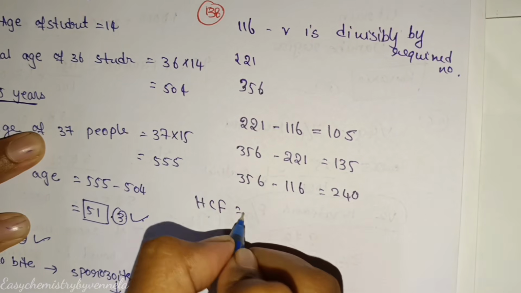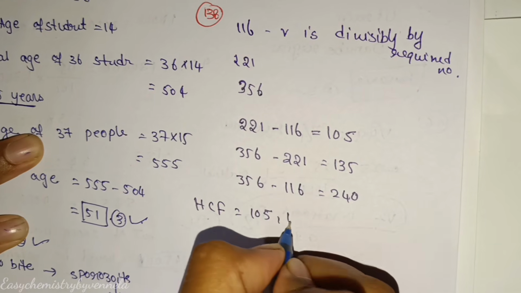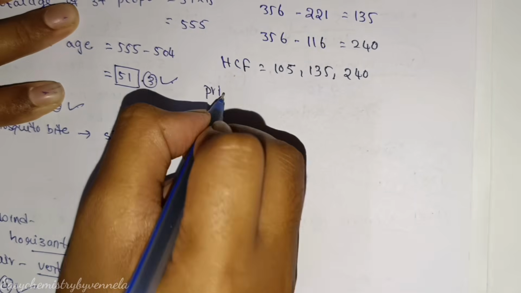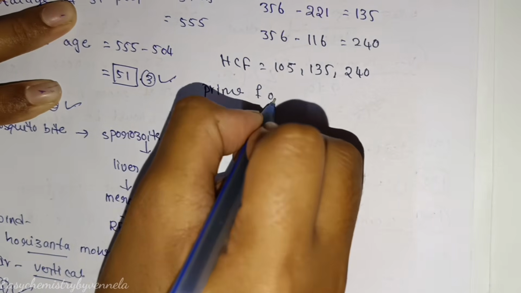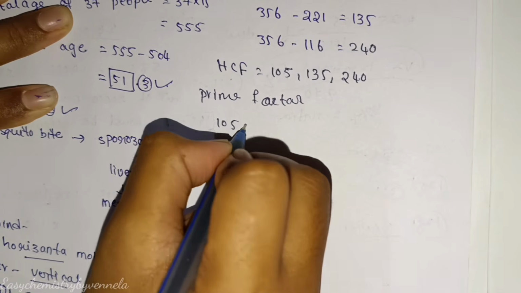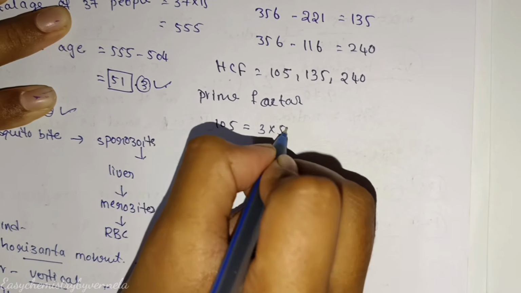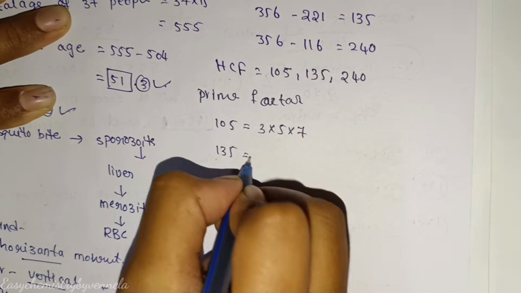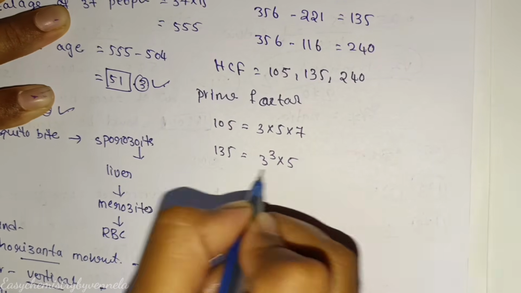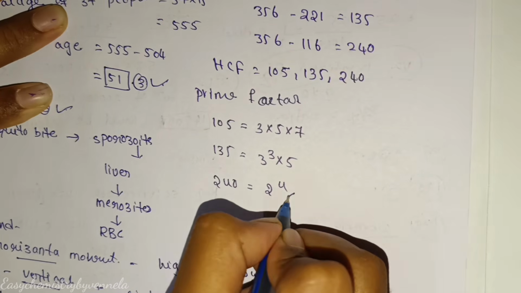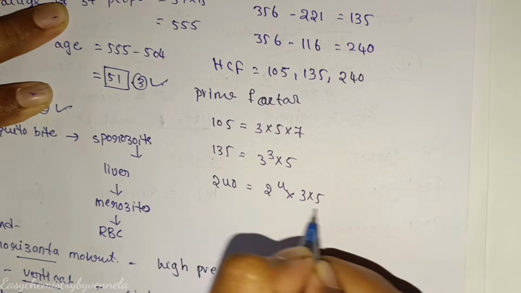HCF is equal to how much? Of 105, 135, 240. Prime factors: 105 is equal to 3 into 5 into 7. Next, 135 is 3 cube into 5. 240 is 2 power 4 into 3 into 5.